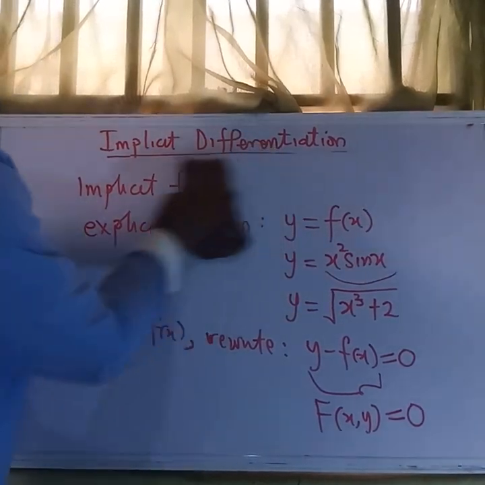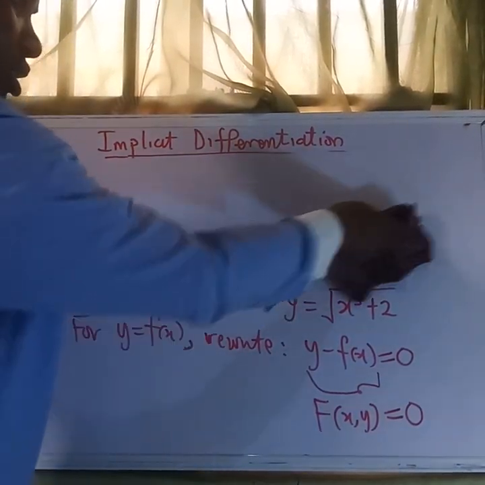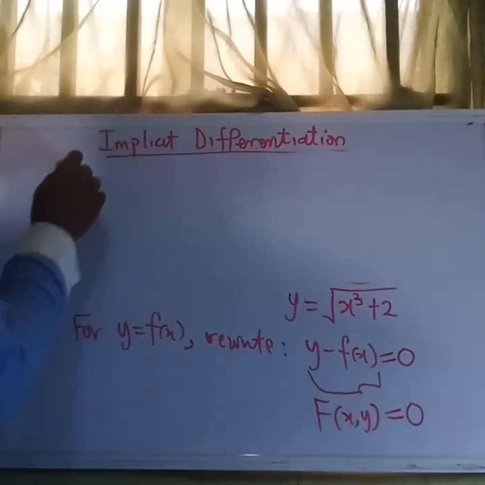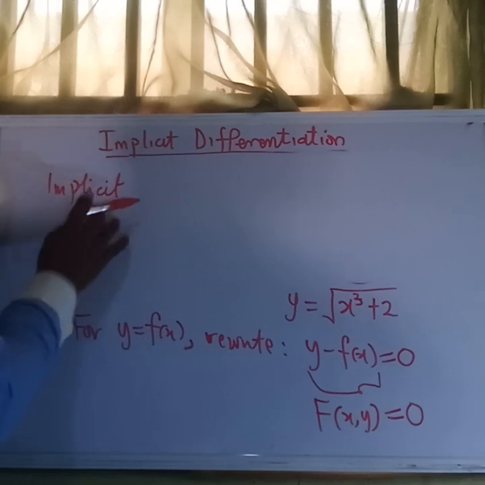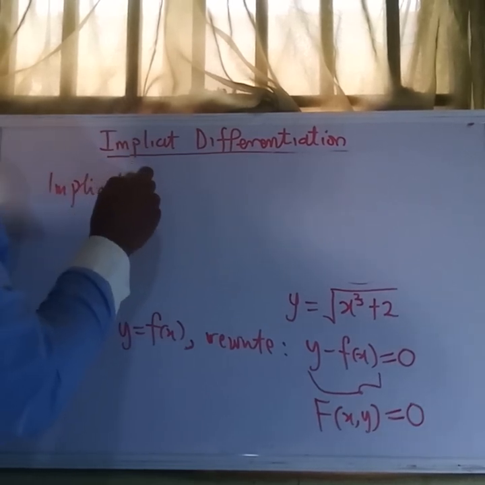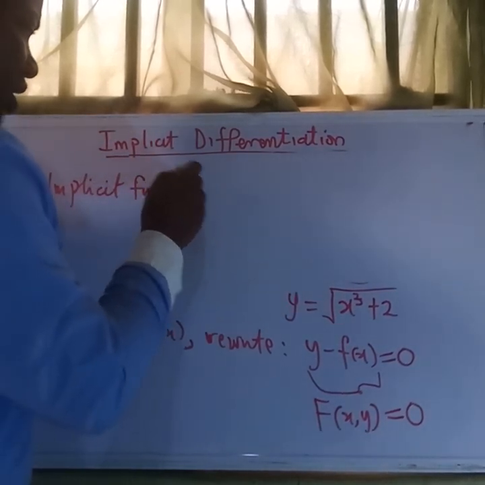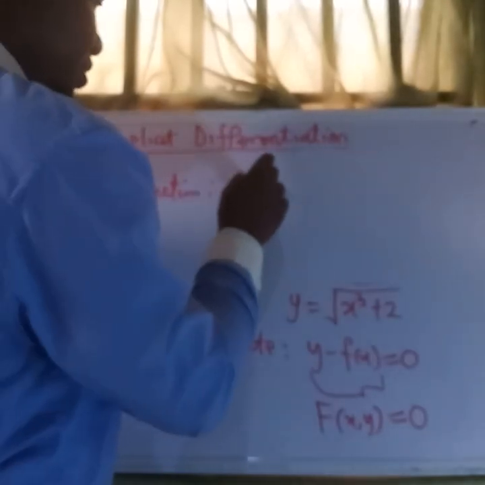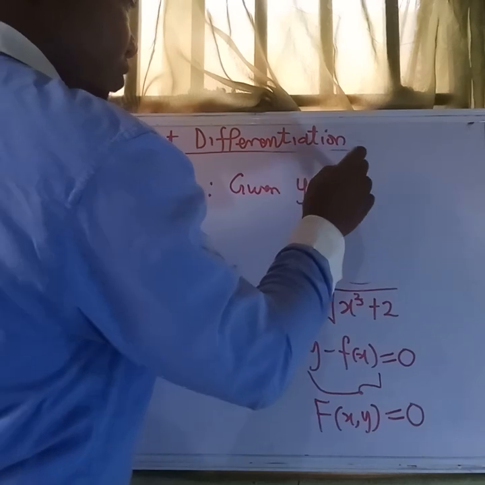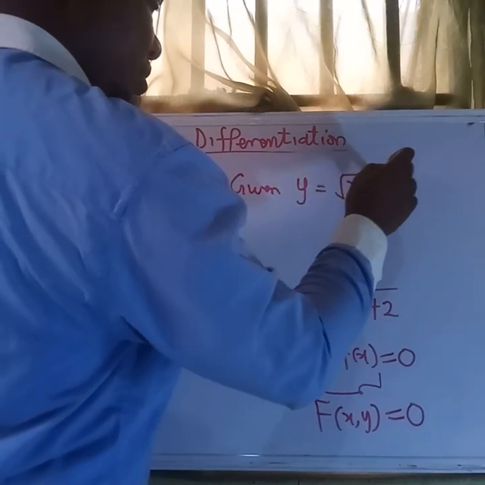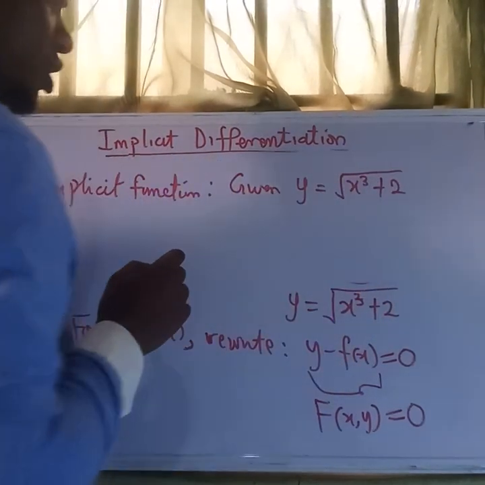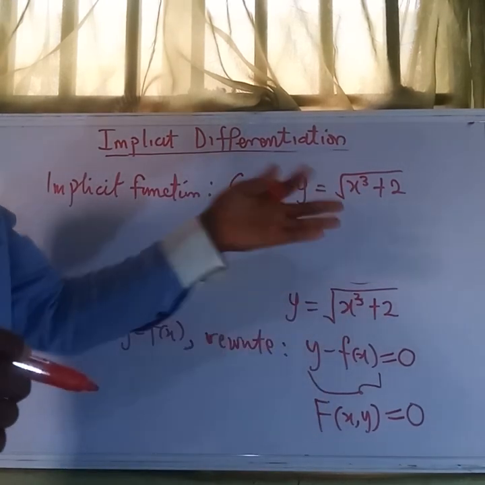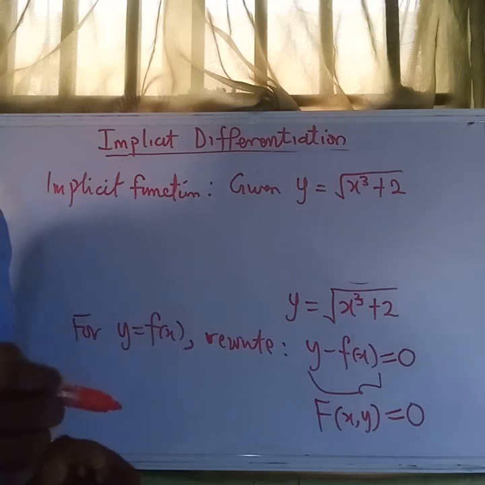For example, an example of implicit function. If you are given y equals the square root of x cubed plus 2, we want to write this in the form of this form so that we can call it an implicit function.